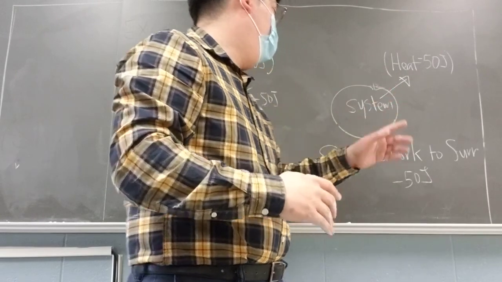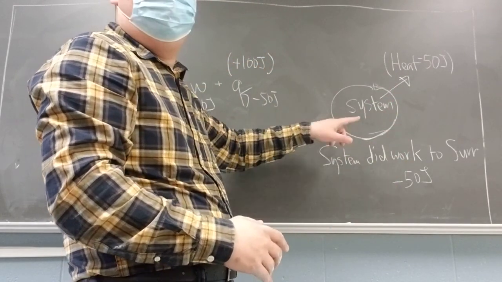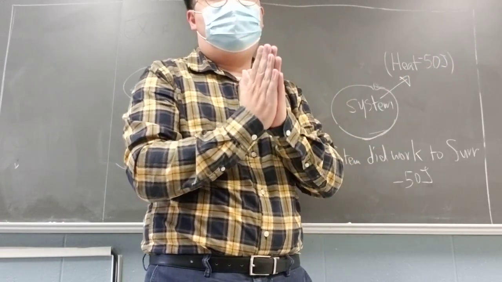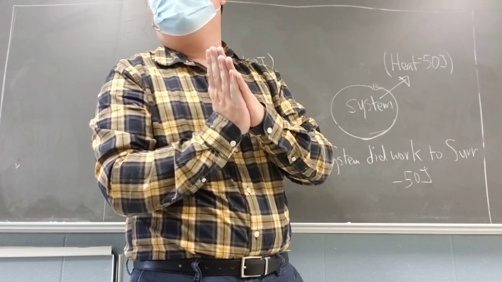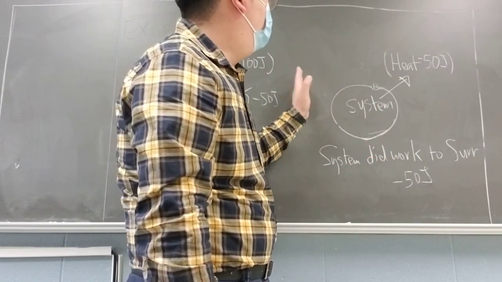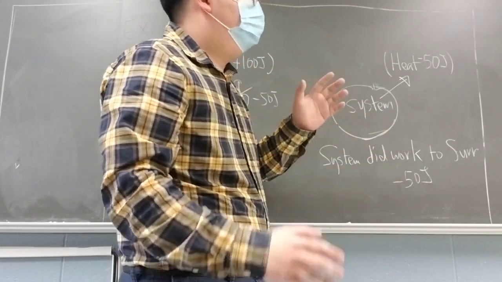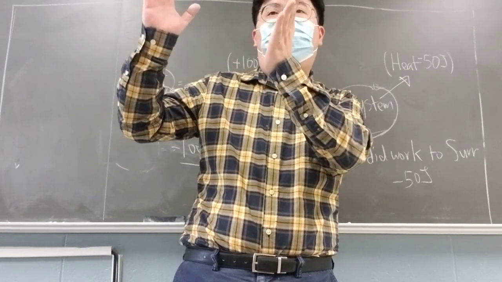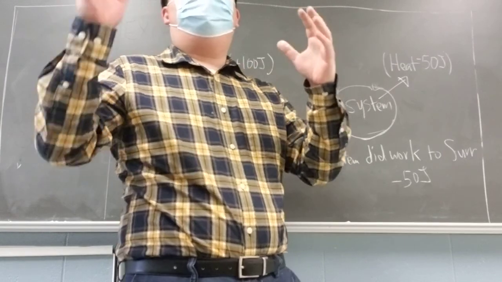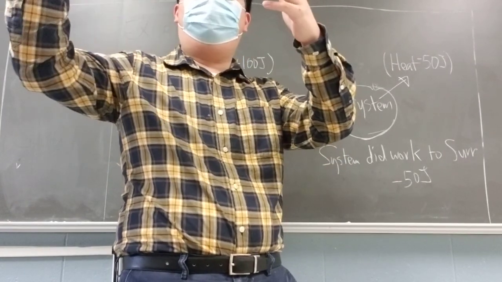That's why it becomes negative for the system, because the system did a lot of work for the surroundings, meaning the system will lose a lot of energy to do that work. So then it's negative. But the previous one was actually plus, because the surroundings did work for the system. So the system didn't have to do anything, but the work had already been done by the surroundings.